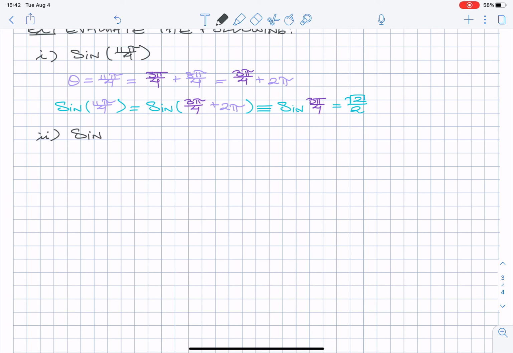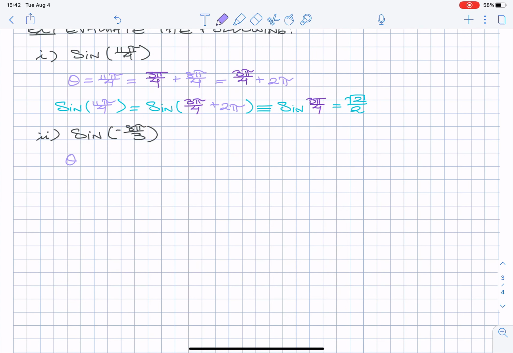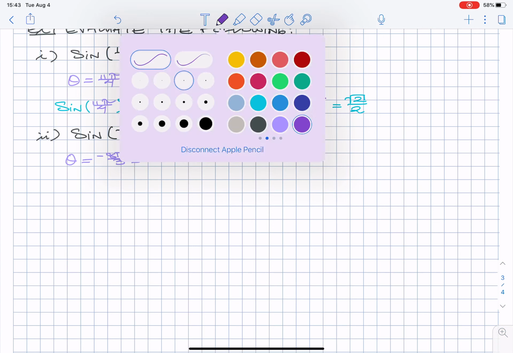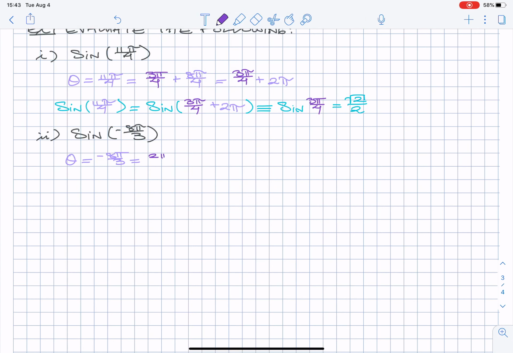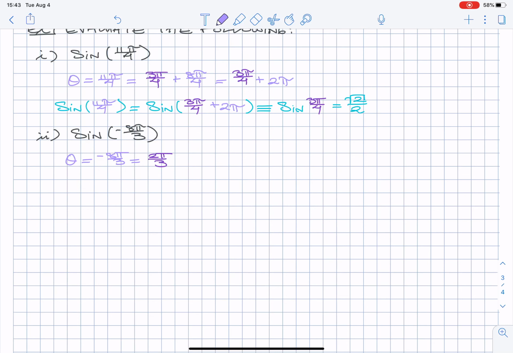Let's say we have sine of negative 8 pi over 3. Okay, so in this case, theta is negative 8 pi over 3. So what I'm going to do is write this as 2 pi over 3, pardon me, from which I would have to subtract, actually, counting not my strong suit.